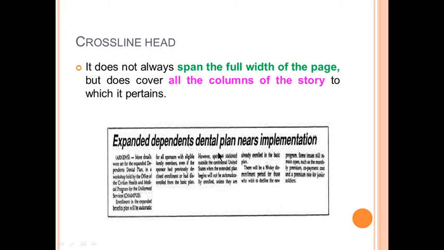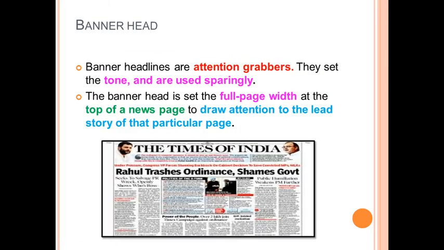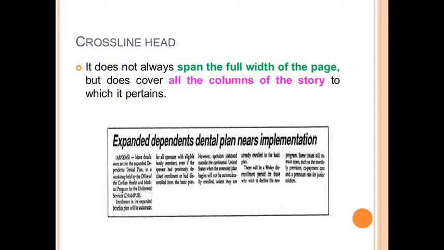In this news item, which is printed in five columns, the headline spans across all the columns of the story. That is cross line head. And banner head covers the full page width of the newspaper. I hope it is clear to you.